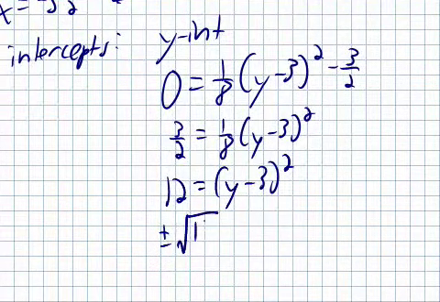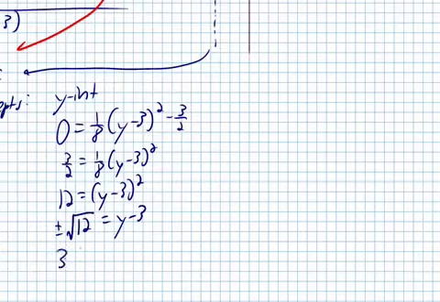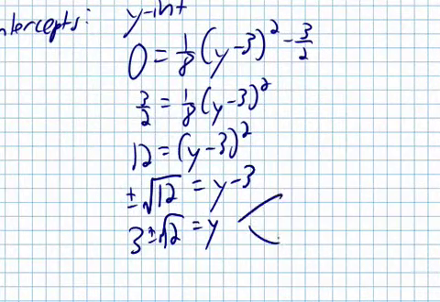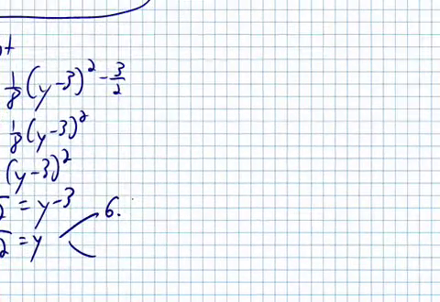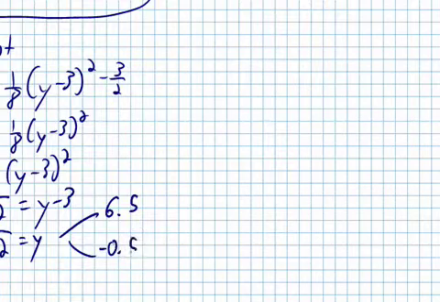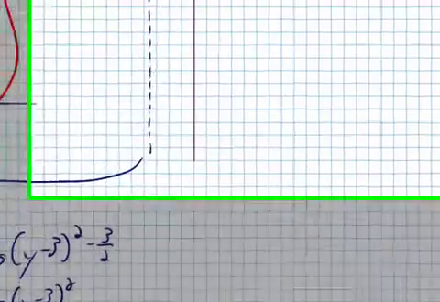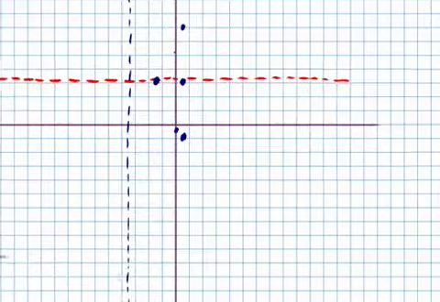Plus or minus the square root of 12 is equal to y minus 3. So 3 plus or minus the square root of 12 is equal to y. And that's going to split off into our 2 y-intercepts. We get about 6.5 and negative 0.5. Those are our y-intercepts, negative 0.5 and 1, 2, 3, 4, 5, 6.5.